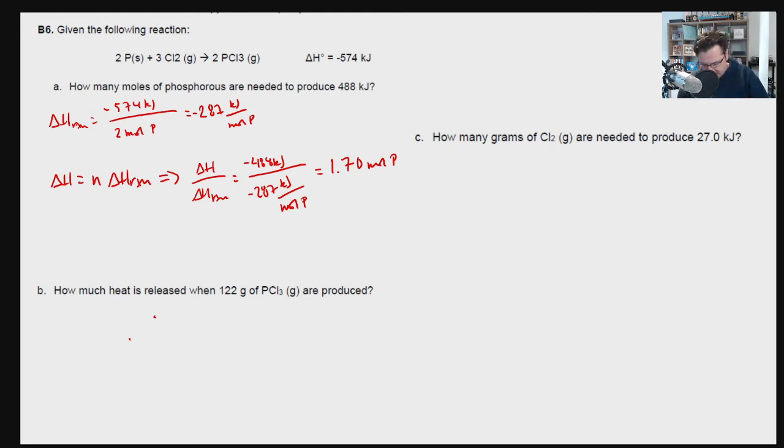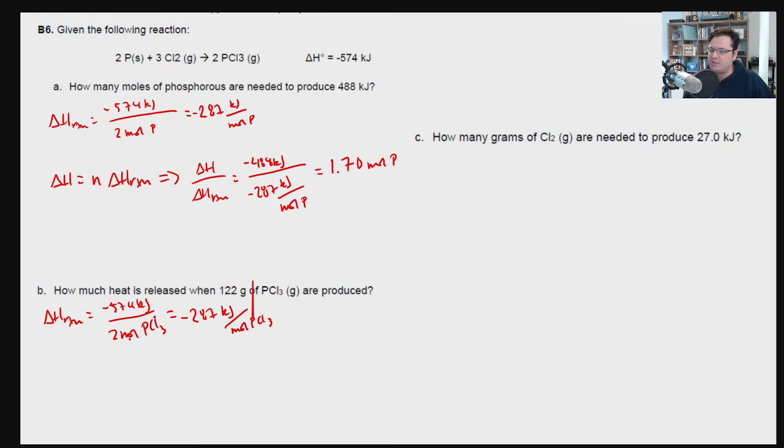The delta H of the reaction is negative 574 kilojoules divided by 2 moles of PCl3, since 2 moles of PCl3 are formed in that reaction. Same as the previous one, that's negative 287 kilojoules per mole of PCl3. Now it's standardized.